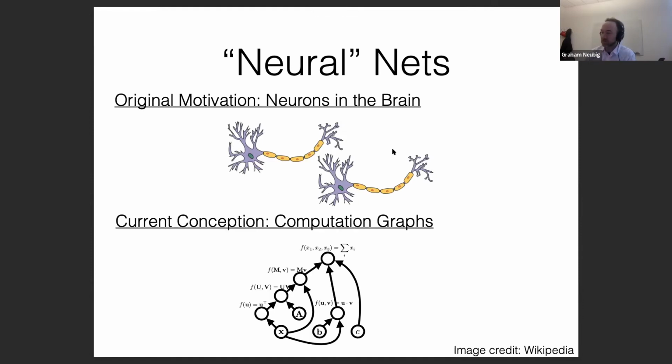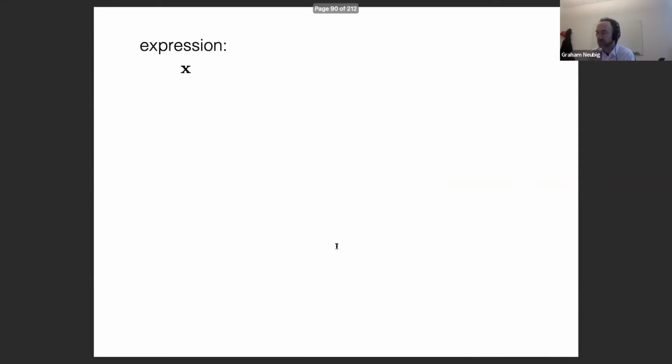But the current conception of how we use them is basically a mathematical object that allows us to calculate something: take in an input, generate an output. In particular, in this case, it's going to be our featurizer and our predictor. So it's going to take in an input and output some features for each word or each class, or take in an input and output a score for each class.